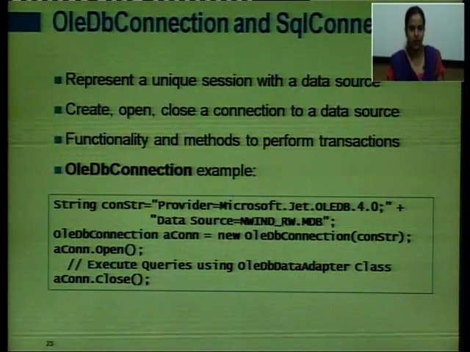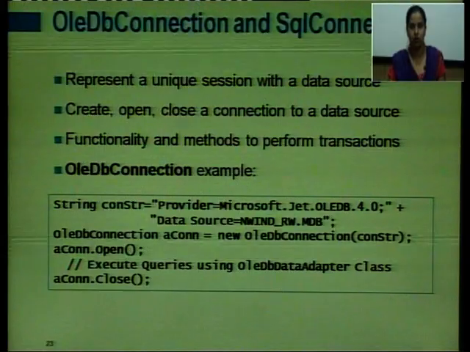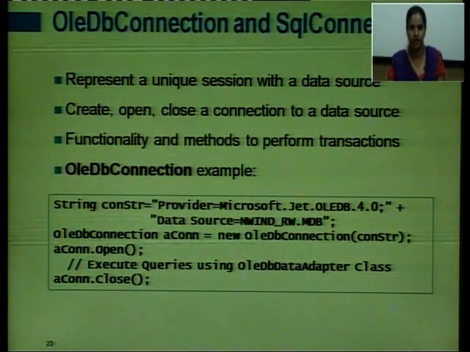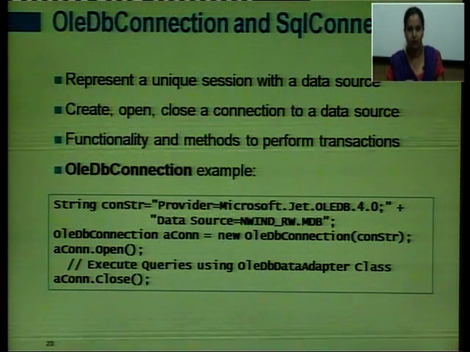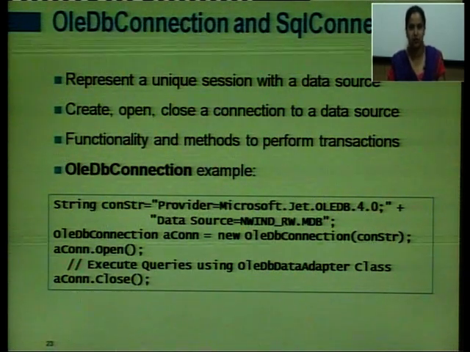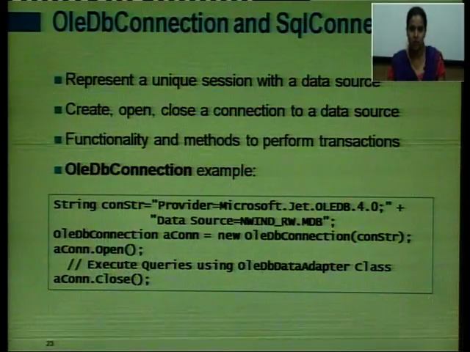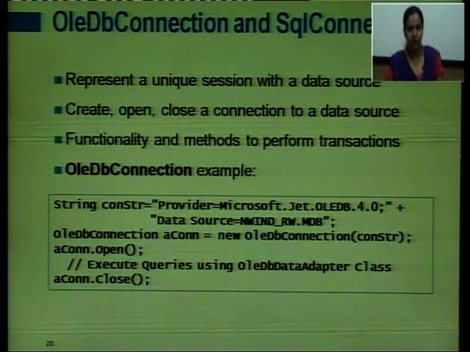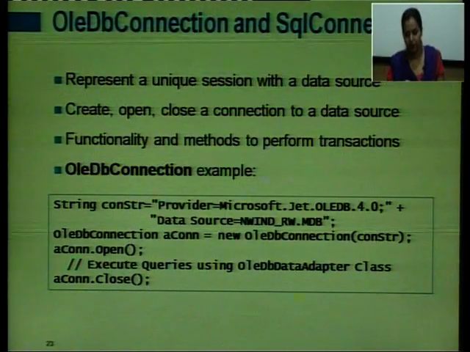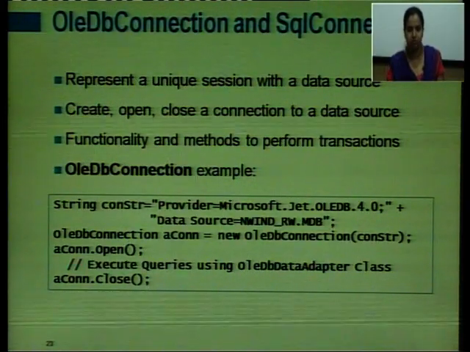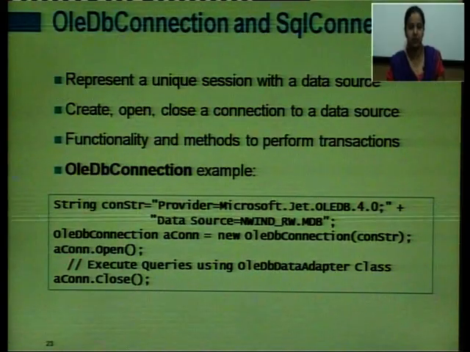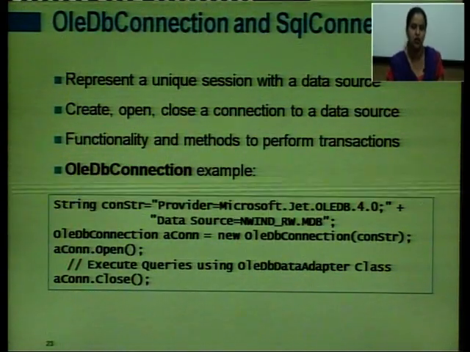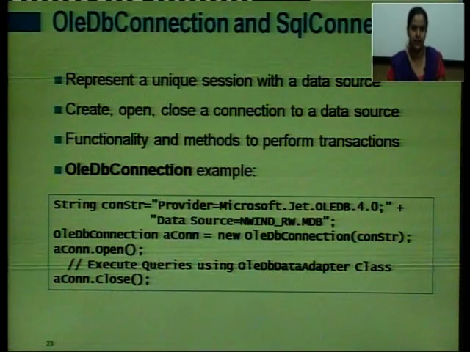Provider is equal to Microsoft.Jet.OLEDB.4.0. It provides the path from where you can access the data, plus Data Source is equal to northwind.mdb. So it makes the data available using this address from where the data is stored, which helps us to extract the data.